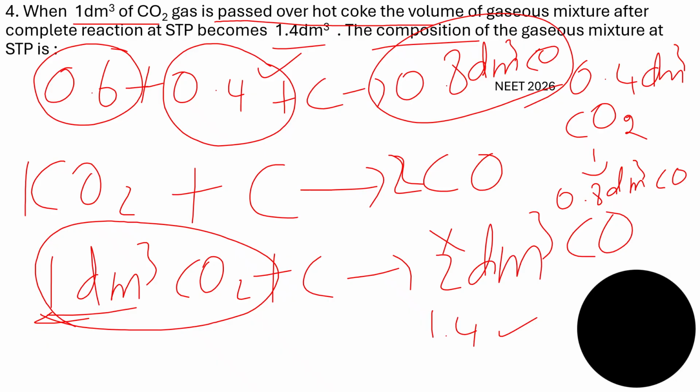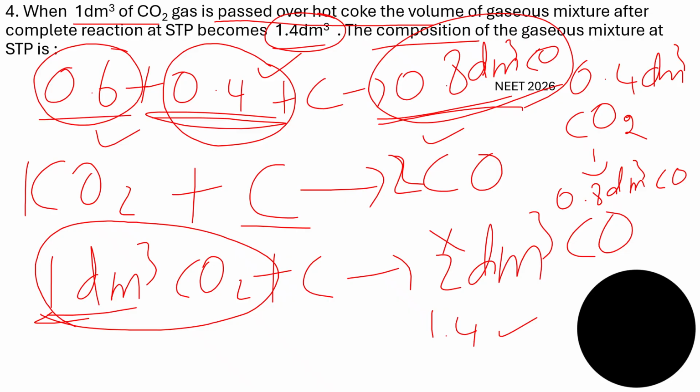If we add 0.6 plus 0.8, 1.4 is the answer. Then the total volume will be 1.4 decimeter cube because 0.8 plus 0.6 gives 1.4 decimeter cube.